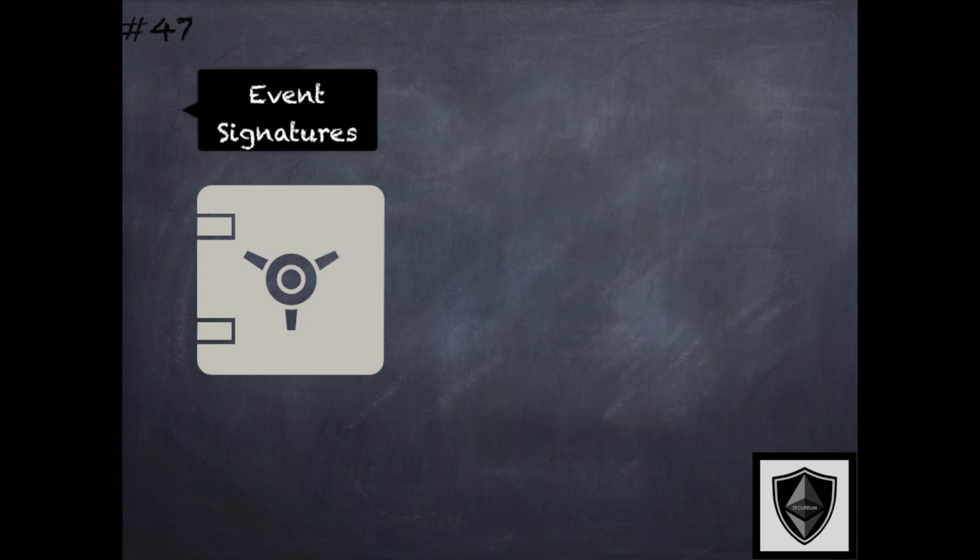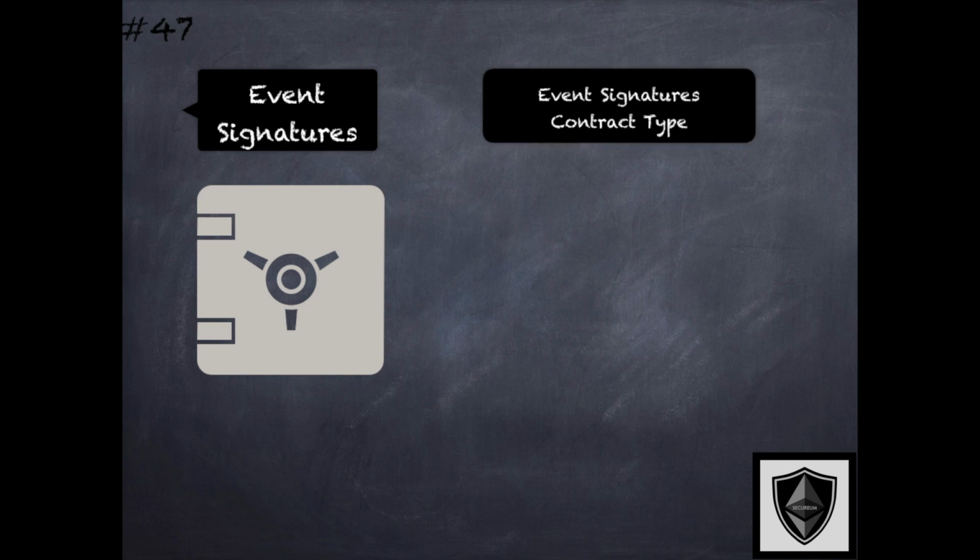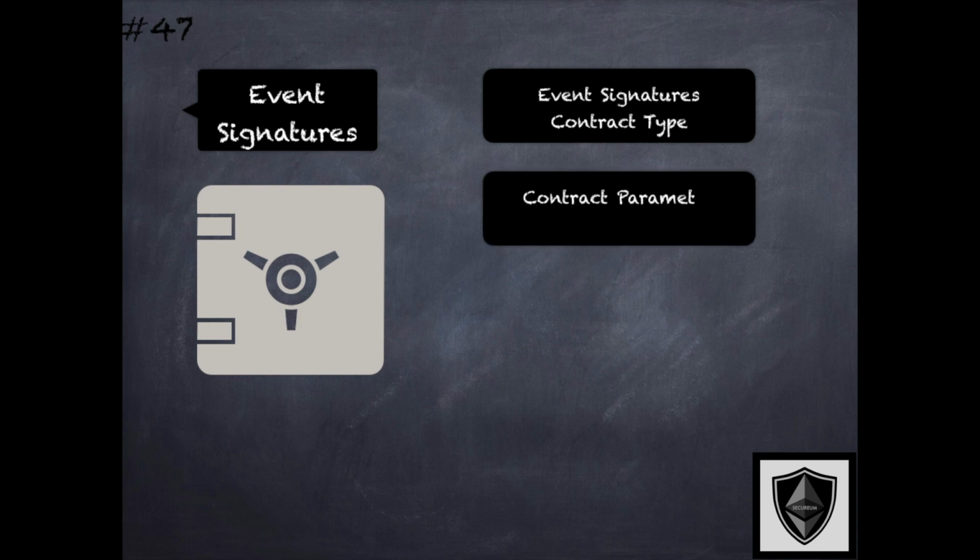The concern here was that of incorrect event signature in libraries. And the reason for this happening was because if events used in libraries had parameters of contract types, then because of a compiler bug, the actual contract name was used to generate the signature hash instead of using their address type.